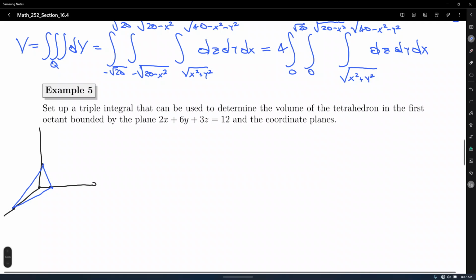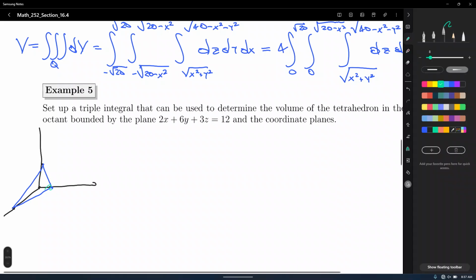All right. Let me highlight using different colors so you can see that. That's the floor in green. That's this wall for the xz plane right there, and this other wall for the yz plane. And this would be our solid right here. With this picture, hopefully it's a little obvious that the floor is z equals 0 and the roof is the plane given by the equation we're provided.